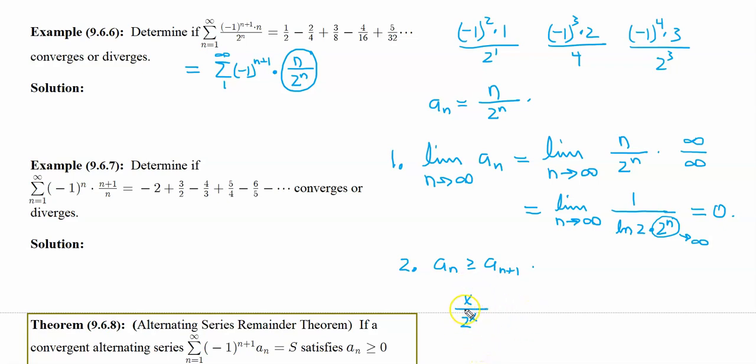That'll mean that this is a decreasing function, so this will certainly hold then. So if we differentiate this, let's see what we get. Bottom times derivative of the top minus top times derivative of the bottom, divided by the bottom squared. Now when I square this, we're going to get 2 to the 2x power.